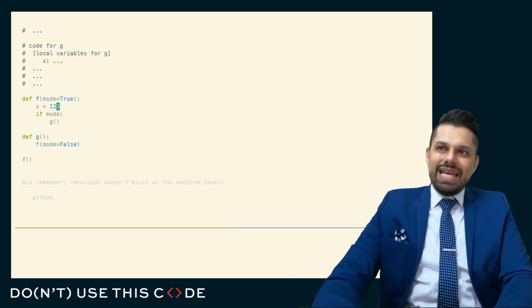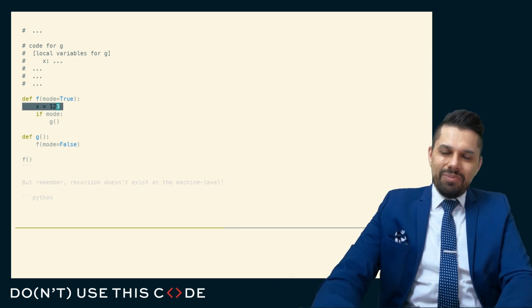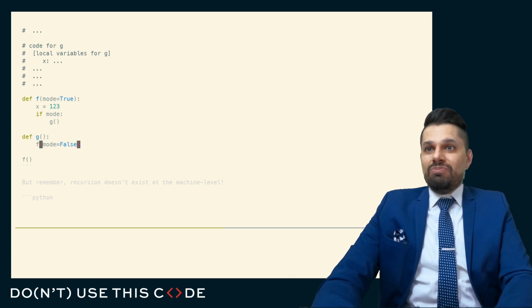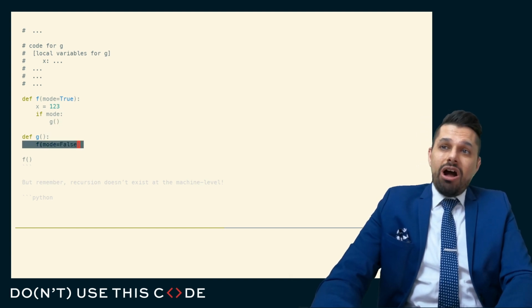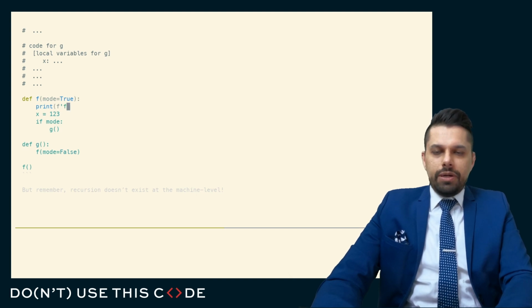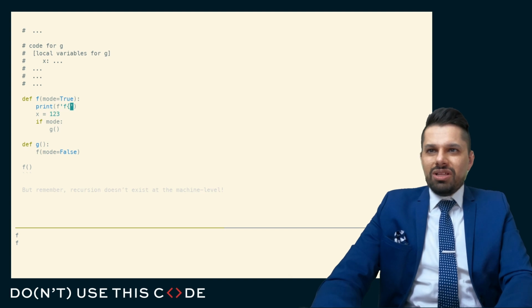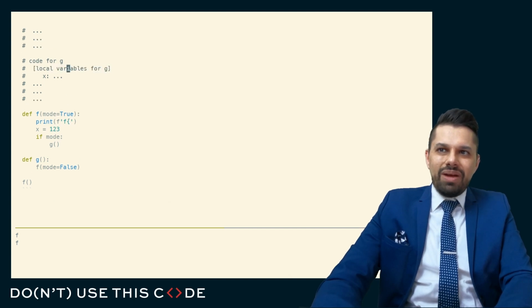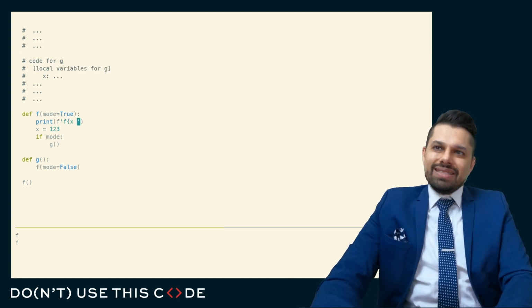Well, what you can think is, if this variable happened to be updated or changed on the second entry into f, like if we print out that we're in f here, if this happens to change on the second entry to f, well, if we only have one spot in memory where we locate that, this is going to be a problem.